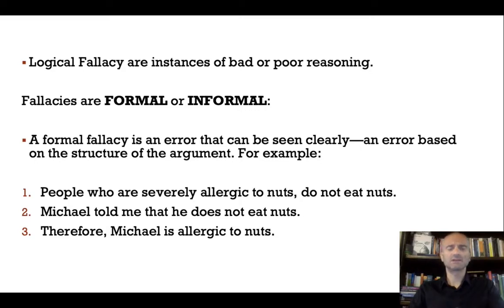The argument doesn't say anything about it. Consequently, we are not entitled to that conclusion. And so the point is that this is an example of a formal logical fallacy. The logical error lies in the structure of the argument itself.